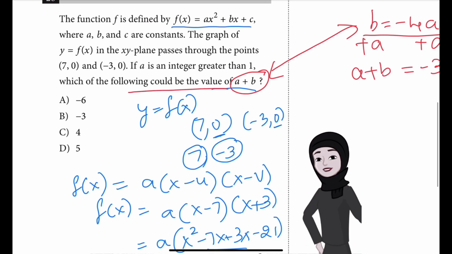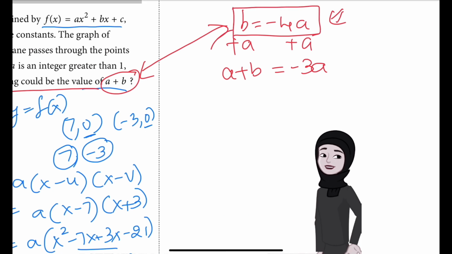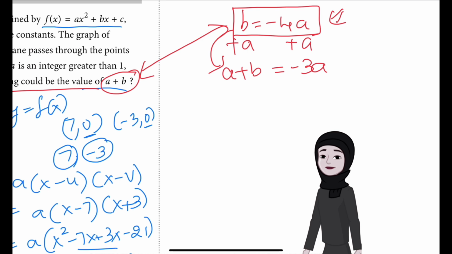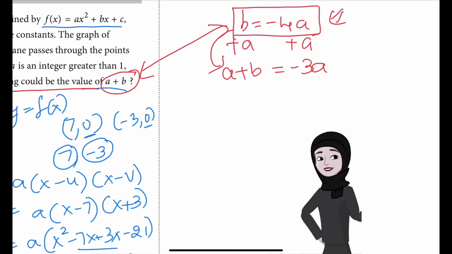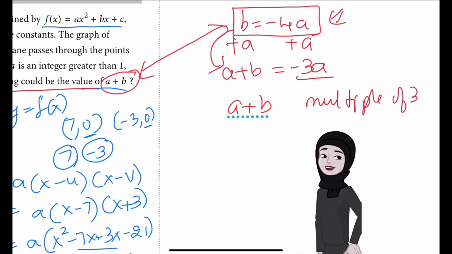The question is asking which of the following could be the value of a plus b. So we add a to both sides, and a plus b is equal to minus 3a. If a is an integer, the value of a plus b is a multiple of 3, because it is minus 3 times a.